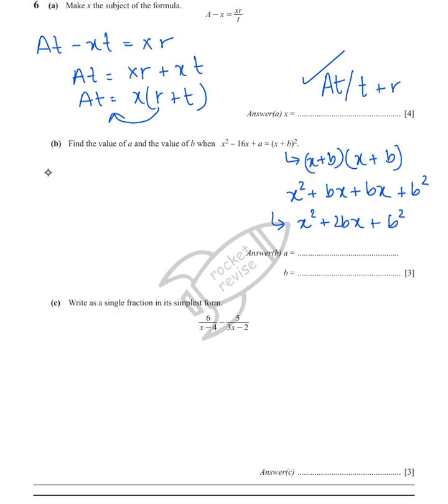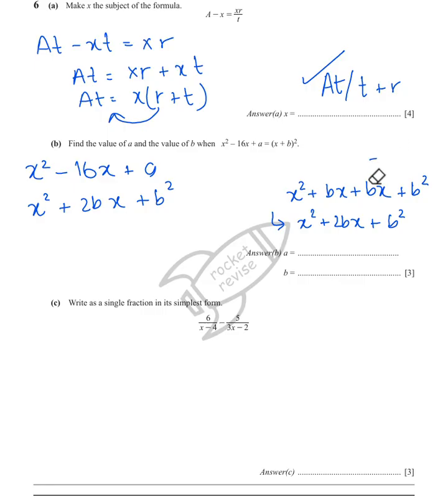Now let's compare the two coefficients. Remember we practiced comparing coefficients. X squared minus 16x plus a and x squared plus 2bx plus b squared, right? Let me just erase this. Come on, everyone. Solve and tell me the answers.